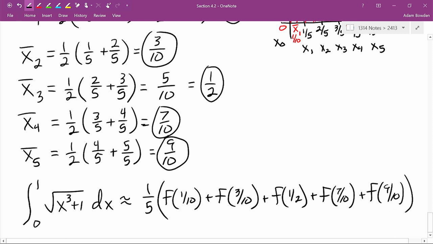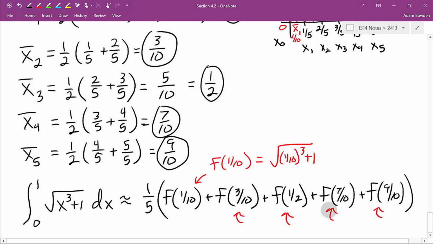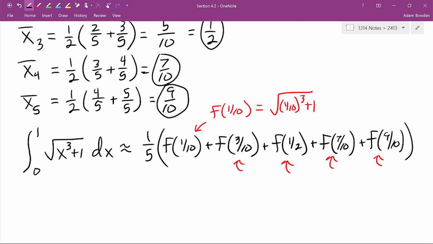So if we plug in our function, something like f of 1/10 would be equal to the square root of (1/10) cubed plus 1. We can do that for all of them down through here. And I just went ahead and plugged that all in the calculator and approximated it to a function value and an integral approximately of 1.109673.